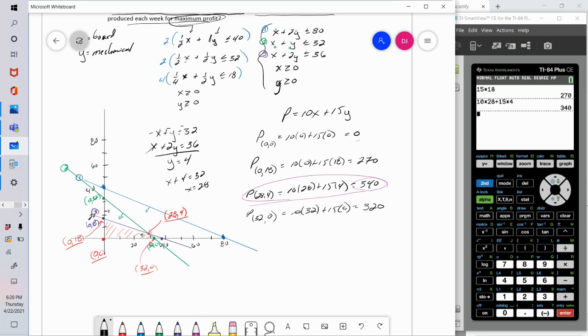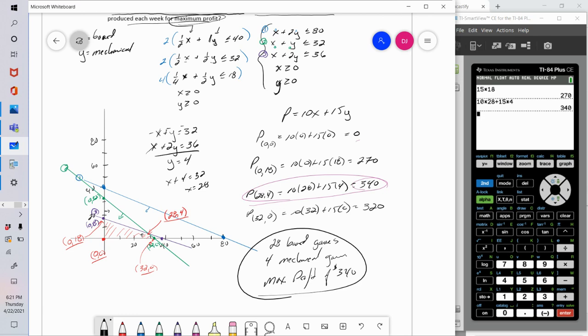But the answer to the question is, they can make 28 board games and 4 mechanical games to maximize their profit of $340. I actually like to put all of that in my answer, so I'm covered either way. There's a lot of work in one of these problems, which is why I'm only going to do a couple of examples here, but you do want to practice these.